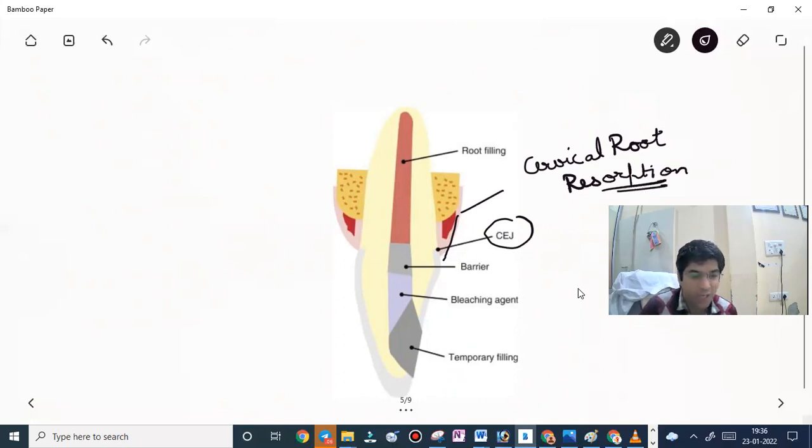The vertical outline of the protective barrier should be 1 mm coronal to the cemento enamel junction, lingually, labially, and proximally.